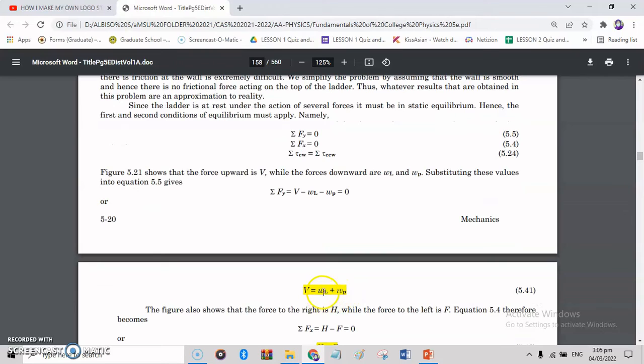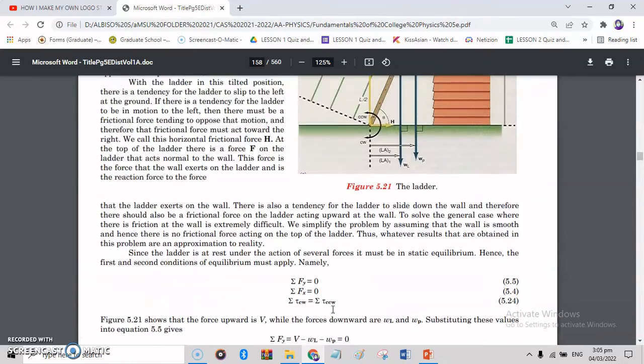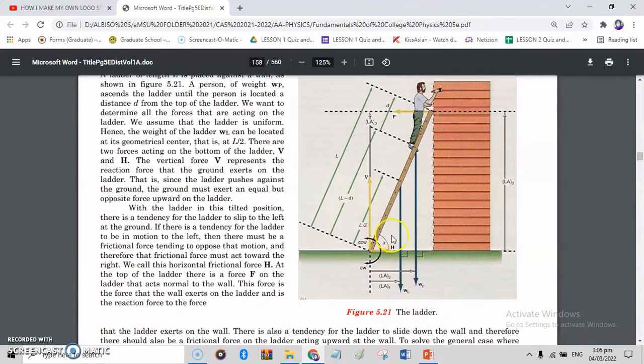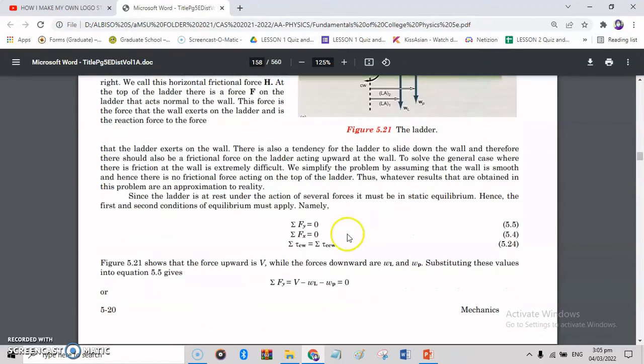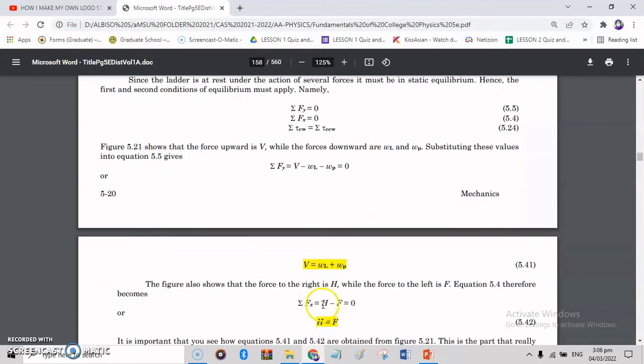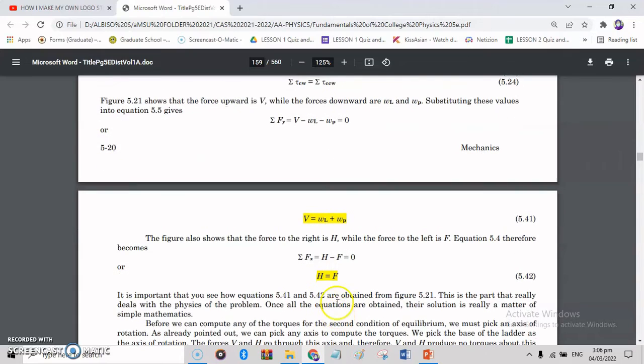Or, V is equals to WL plus WP. And the figure also shows that the force to the right is H. Okay? There is a X coordinate forces. Anong meron? Si F at si H. And that is H minus F equals 0. Kaya siya ganyan. Or, horizontal force is also equal to the normal force of the ladder from the wall.